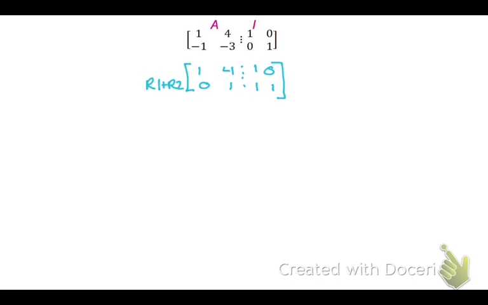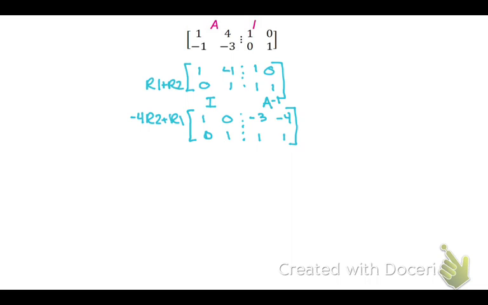Now what? Row 2 plus row 1, negative 4? So that gives me 1, 0, and then negative 4 would be negative 3, and negative 4 would be negative 4. So, do I have the identity on the left now? Yes? So what does that mean this is on the right? A inverse. And that's just A to the negative 1.